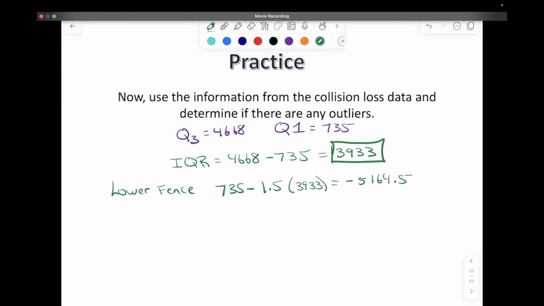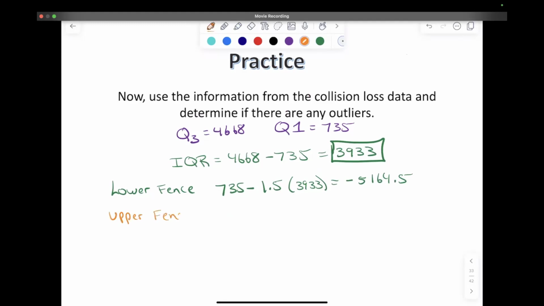Negative 5164.5. That's really ugly. My upper fence will be 4668 plus 1.5 times 3933, which is 10,567.5.